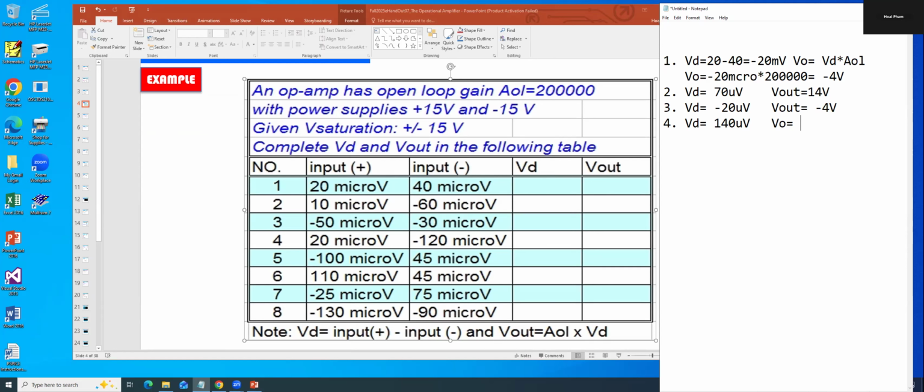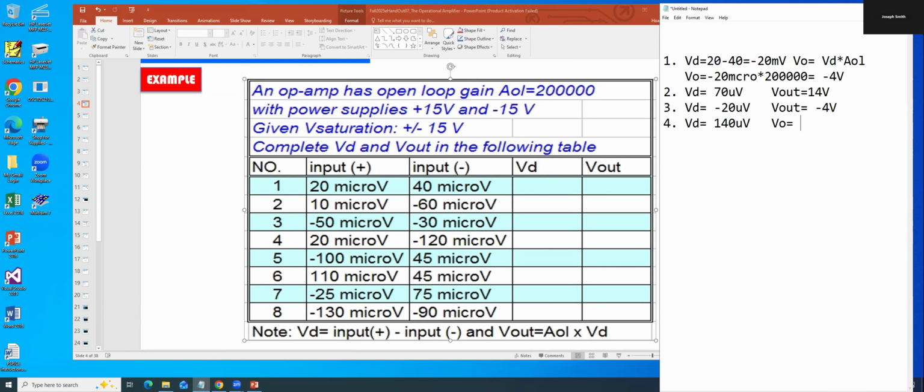So what does VL equal? 140 times 200,000. Yeah, V out is 140 microvolts times 200,000. Correct.